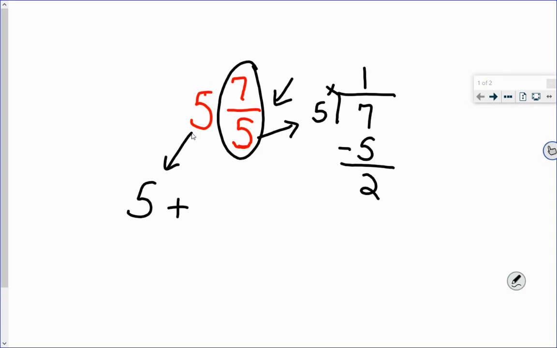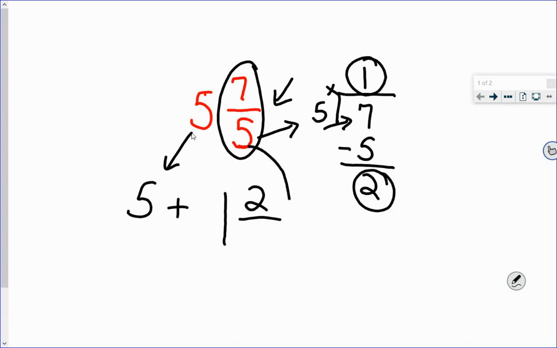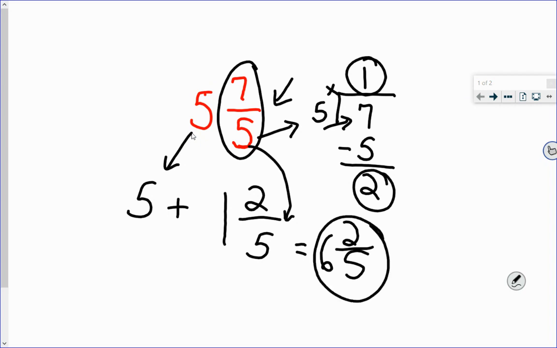How many times did 5 go into 7? 1 whole time. So that's my whole number, 1. How much was left over? 2. And my denominator will stay the same. So now 5 plus 1 2/5 equals 6 2/5. And that's our answer. 6 2/5 is our answer.